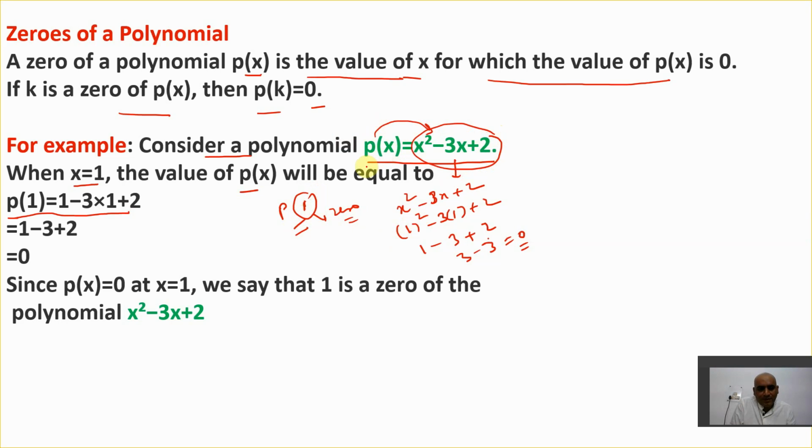I hope you get this point. Since p(x) becomes 0 at x is equal to 1, we can say that 1 is a zero of the polynomial. Whenever a polynomial p(x) becomes 0 at a certain value of x, that value is called a zero of the polynomial. Very important concept.